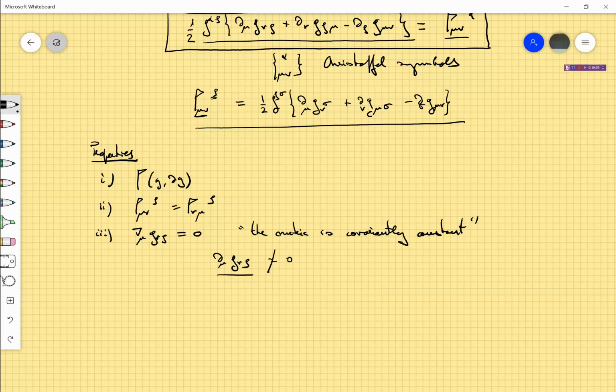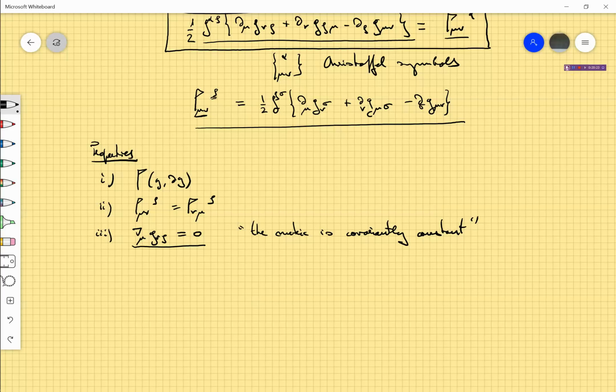What really makes sense, and is a statement which is independent of the coordinate system, is to say that something is covariantly constant. So the covariant derivative applied to it gives you 0, because this statement is true in any coordinate system, because it transforms as a tensor, homogeneously under coordinate transformations.